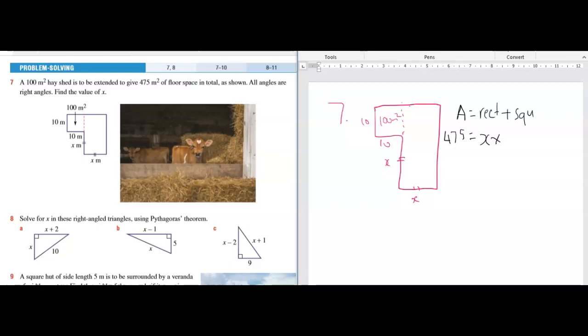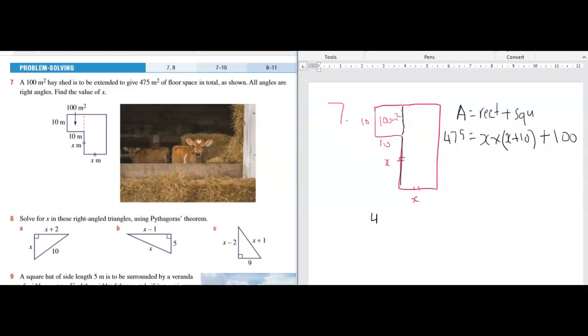So length times width, x times x plus 10. Okay, so this is x here, and then we've got the additional 10 there. So it's x times x plus 10. And I'm sorry, I'm a bit squishy there. And we've got a 10 by 10 there, which we already know is 100. Okay, we already know the area of that square.